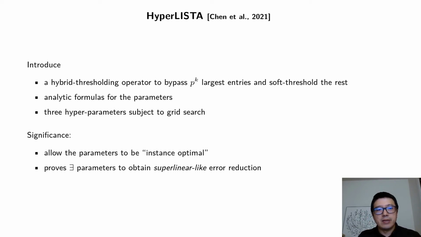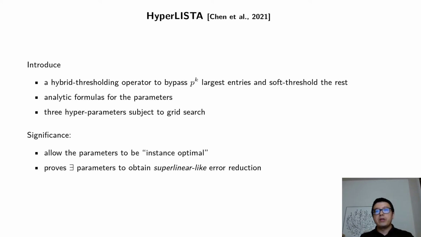The significance, which is a little behind the hood, is that these formulas are going to adapt to the signal, adapt to xk, as you will see. Therefore, you can call them nearly instance optimal. And by going instance optimal, rather than one set of parameters for all sparse signals, you can do better than linear convergence.